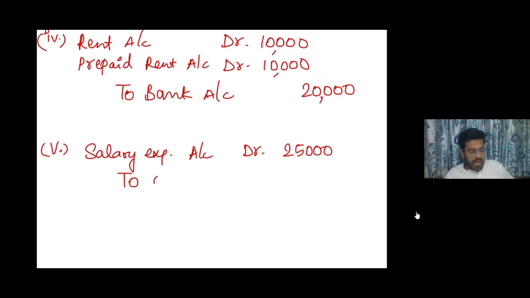So there will be an outstanding account where I will write outstanding salary account 25,000. It is a liability which will be paid in future. Am I clear? Any doubt?